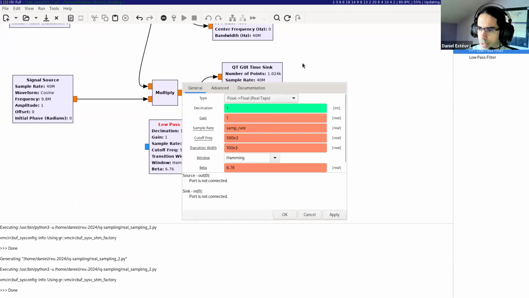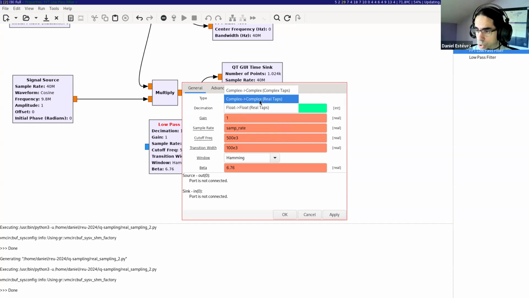Something else we need to set in these filters is the type of the input and output, and we can choose between complex to complex with complex taps, complex to complex with real taps, and float to float with real taps. These real and complex taps refer to the coefficients of the filter. I don't want to get into so much detail at this moment, but basically a low-pass filter will have real taps because it is symmetric in frequency, and you can choose this option rather than complex taps.